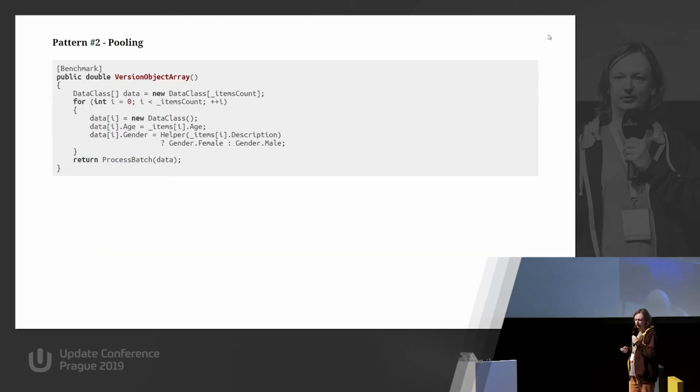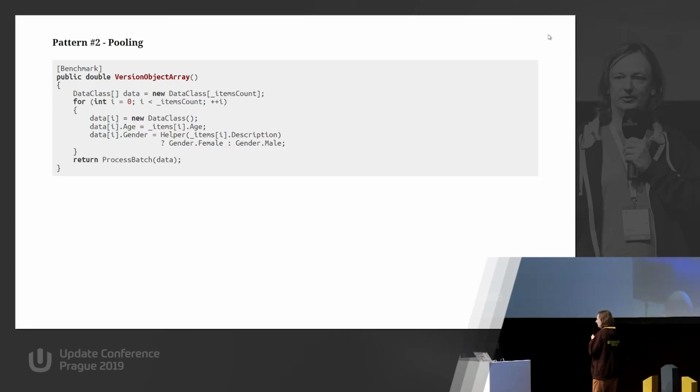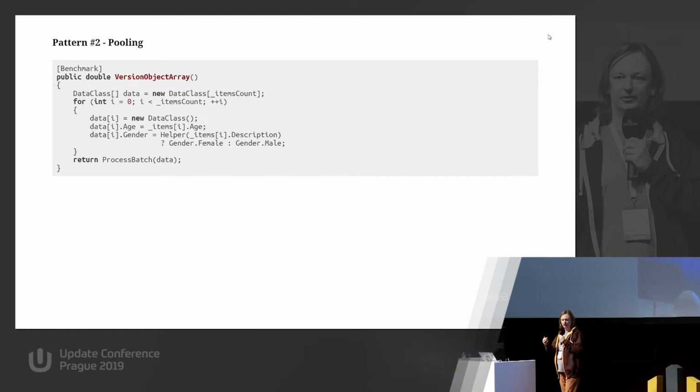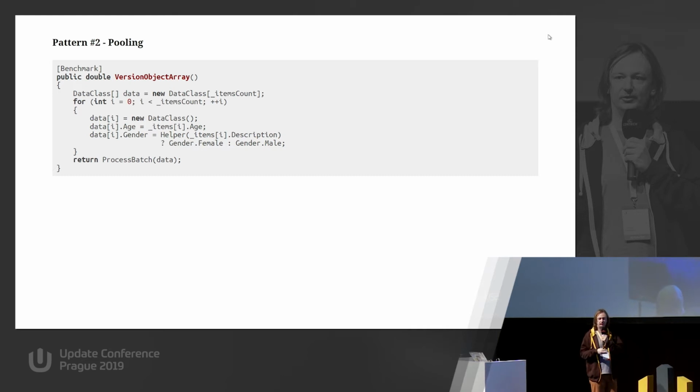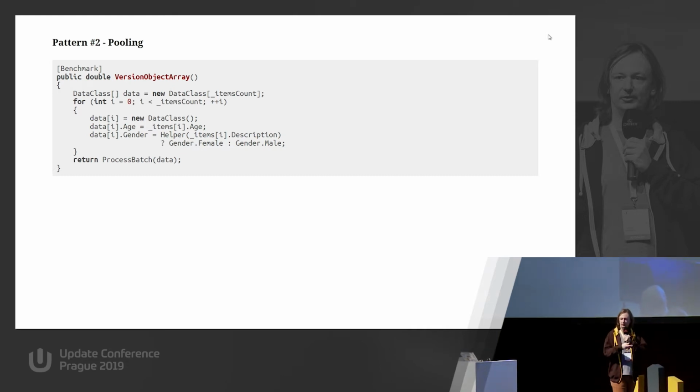So imagine a code that is doing something like that. We have a code that needs some temporary collection. We have input data, which is represented here as an items field. We need to pre-process these items somehow to a temporary collection and then send this temporary collection to some further API represented here as a process batch method.